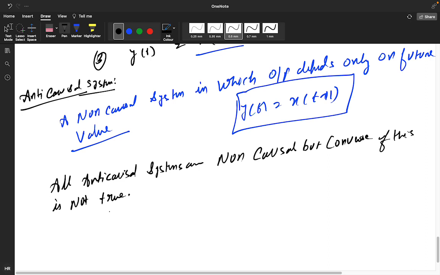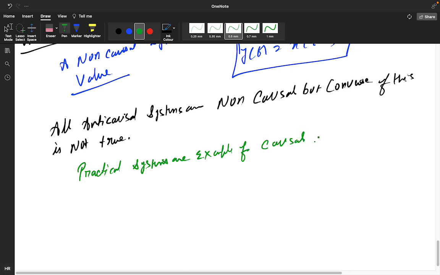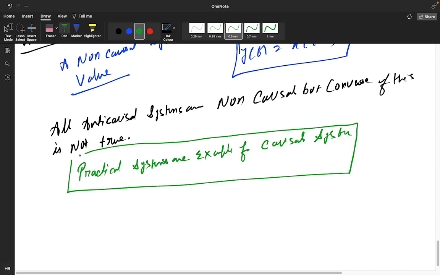Practical systems are examples of causal systems. Practical systems means all the systems which are practically used. I told you what is causal, which depends on present and past, so the future is impractical.